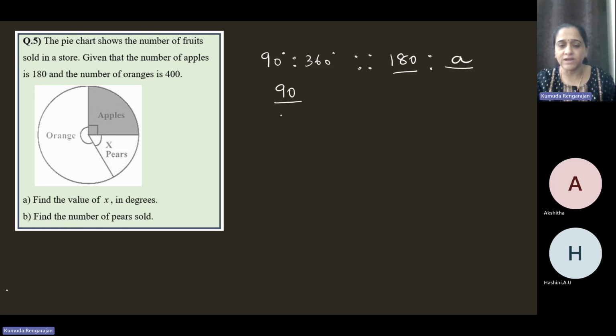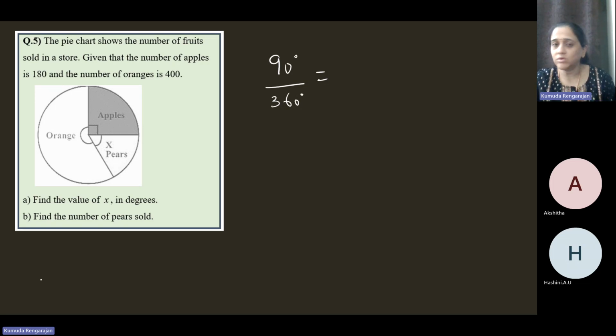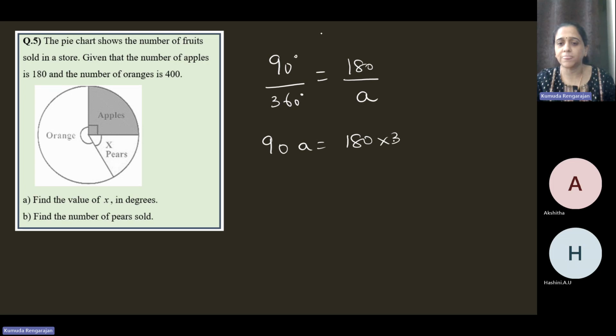So how do you work this? 90 by 360. Or you can directly write it like this. 90 degrees by 360 degrees is equal to, 90 degrees is apple, so how many apples? 180. Below, total number of fruits. 360 is the total angle. So the total number of fruits we don't know, call it A. So cross multiply. 90A is equal to 180 into 360.